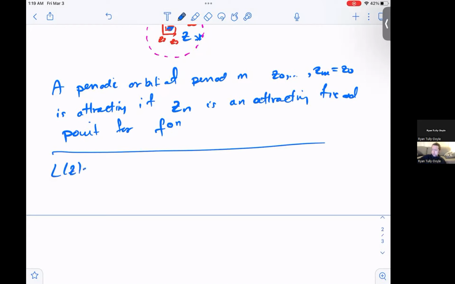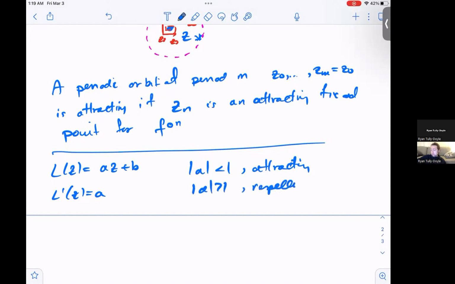L of z is equal to az plus b. If you calculate the derivative, you get L prime of z is equal to a. And it turned out that if the modulus of a was less than 1, then you were attracting.